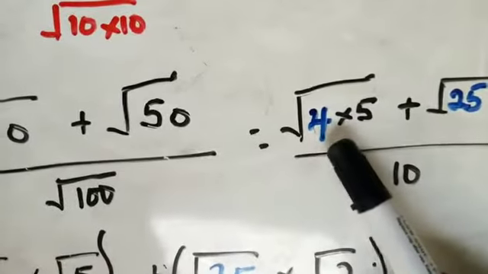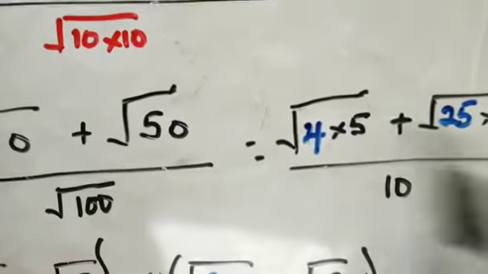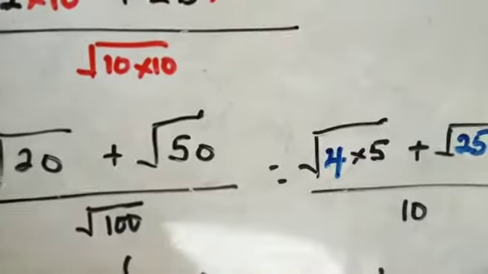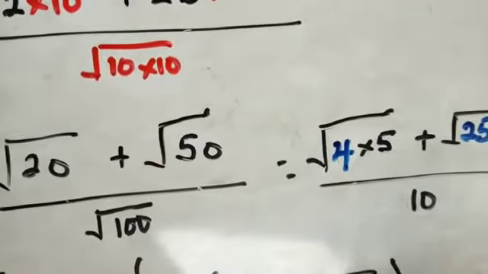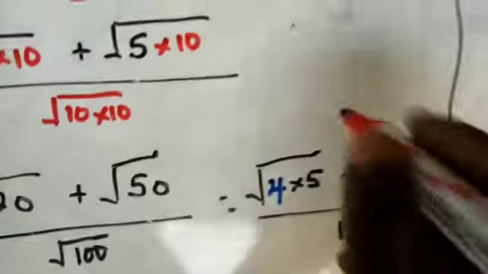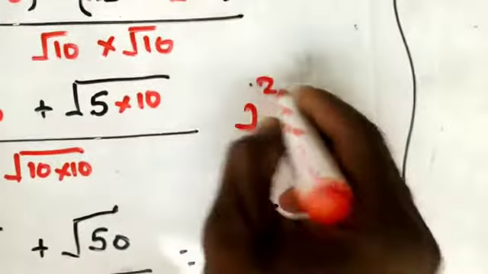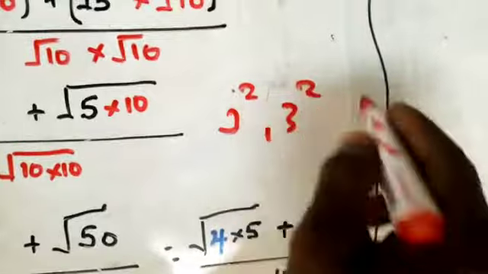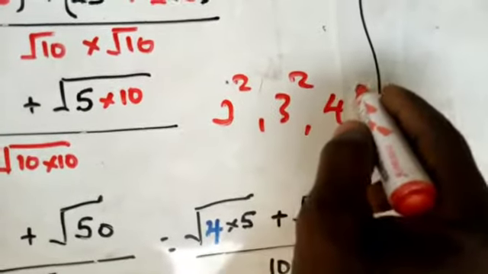If you want to know how to find a perfect number, multiply like 2 squared, which gives 4, then 3 squared, which gives 9, 4 squared, which gives 16, and so on.